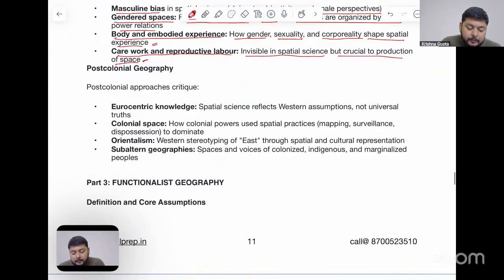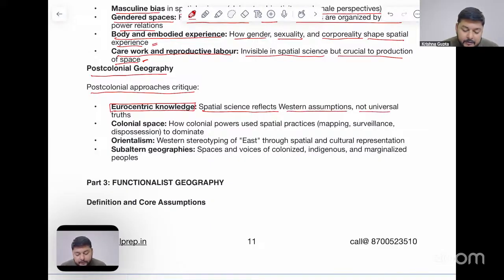Now, under post-colonial geography, the post-colonial approach critiques Eurocentric knowledge. Spatial science reflects Western assumptions, not universal truth. So it is not a universal truth that what is happening in Japan or in India is just a Western thought or assumption. Colonial spaces: how colonial powers used spatial practices, mapping, surveillance, and dispossession to dominate.